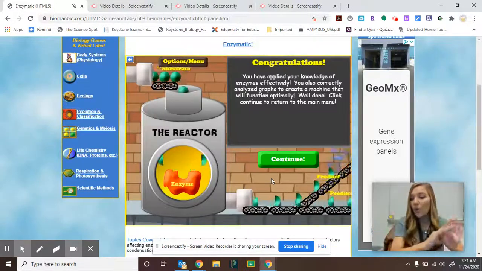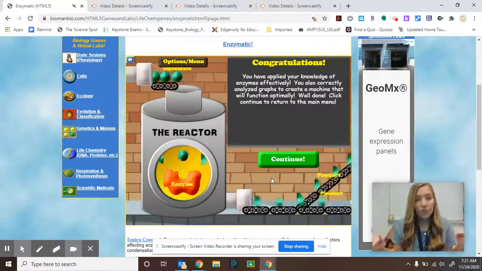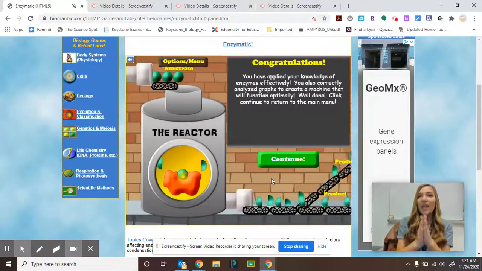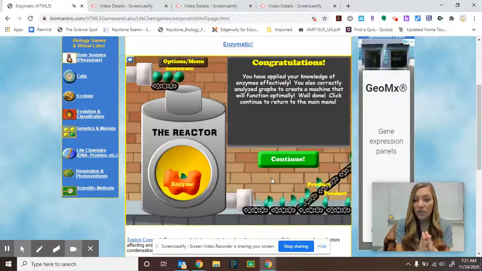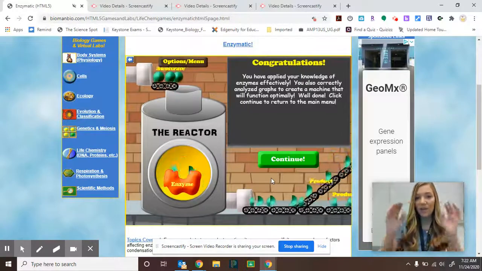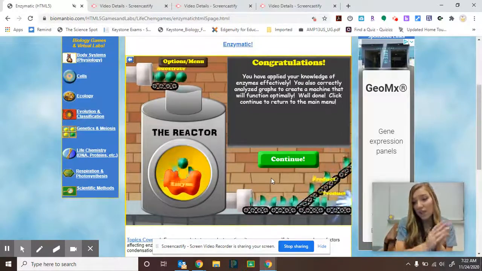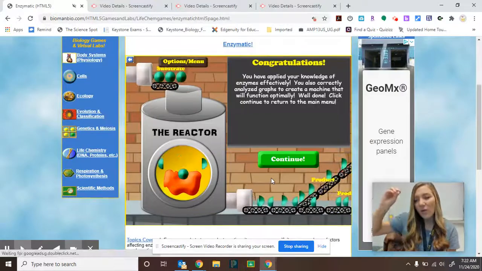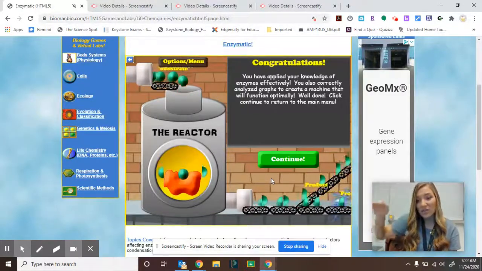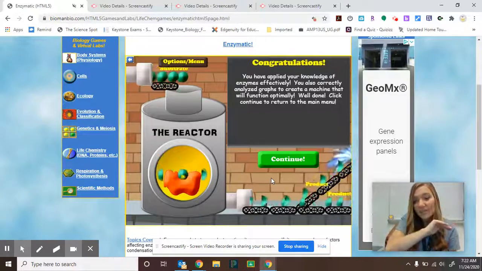Too high or too low is going to reduce my rate of reaction, maybe even denature my enzyme. pH, we have an optimal pH. Too high or too low is going to possibly denature my enzyme and reduce the rate of reaction. We have an ideal substrate concentration. And once you get to that optimal level, adding more is not going to denature my enzyme, but it's also just going to stay stagnant.